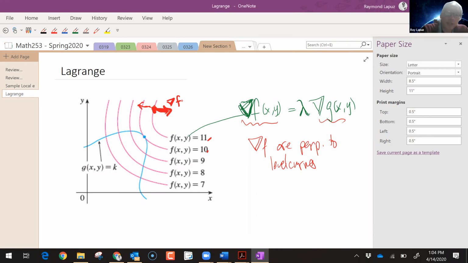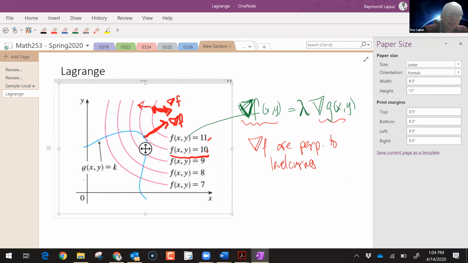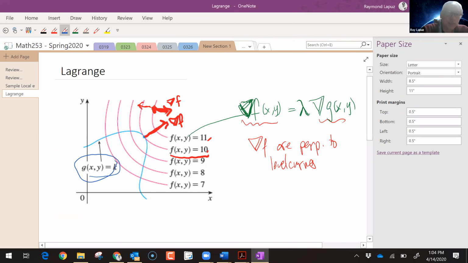So if I look at level curve 10, let's say my gradient is going this way, gradient of f. And then we can take a look at the gradient of g, and this is the g curve, and so the gradient, wherever you are at that point, is going to be pointing in a certain direction.